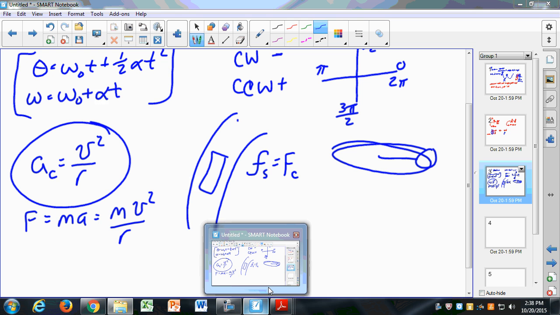Also have the angles, the directions of the angles, definitions of displacement and velocity, translating linear quantities to angular quantities, right? That was S equals theta r, v equals omega r, a equals alpha r, and then centripetal forces as well.